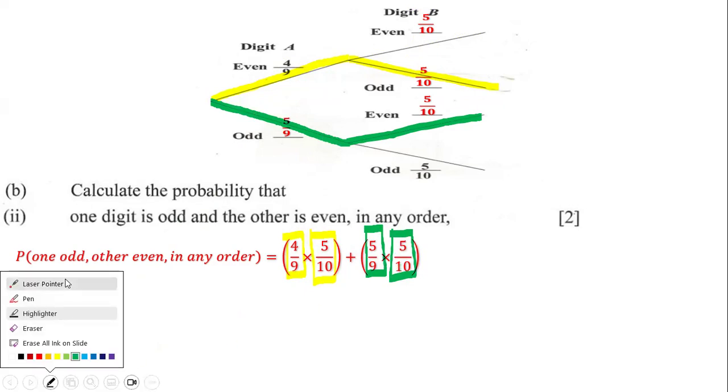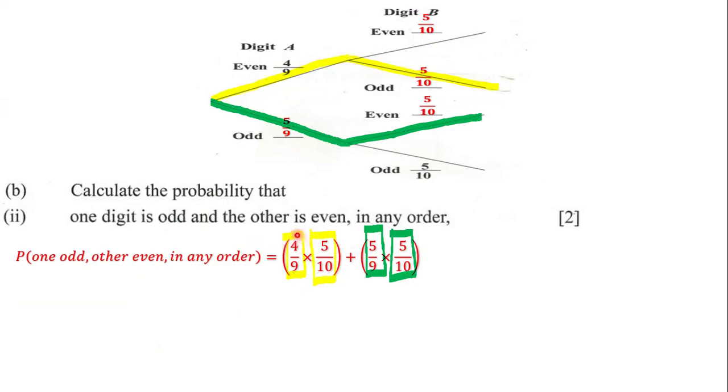And so this one is A is even, but B is odd. That's what we have here. And this one is A is odd, 5/9, but B is even, 5/10.